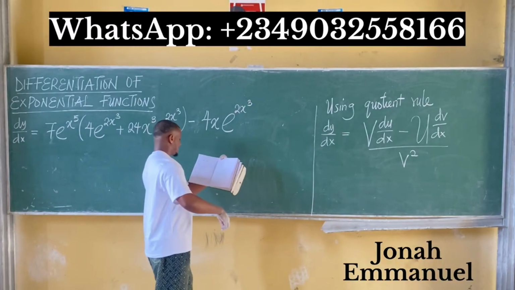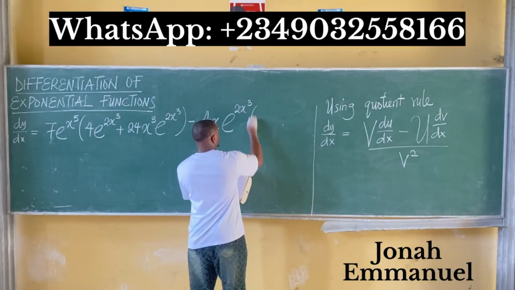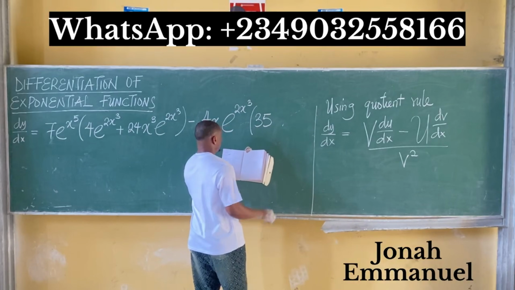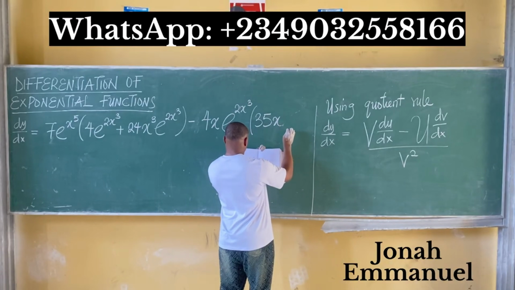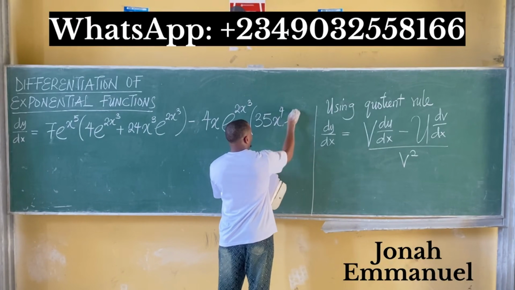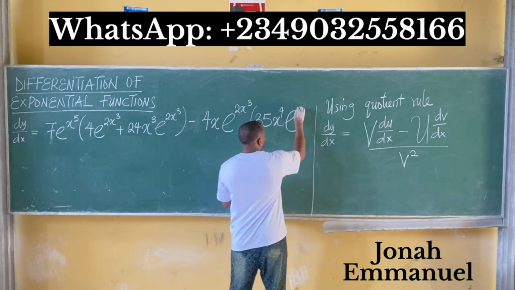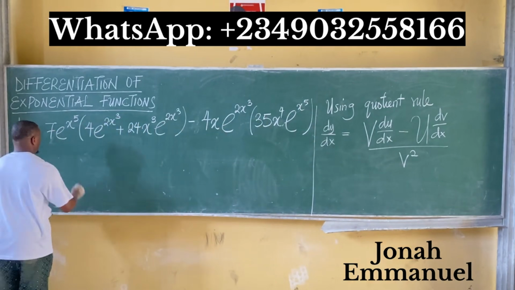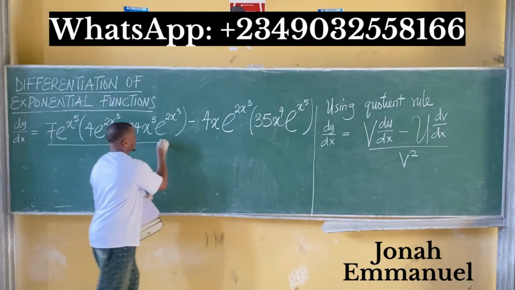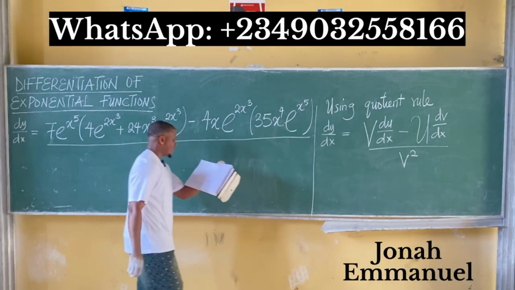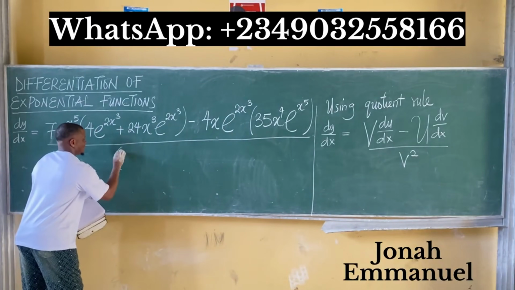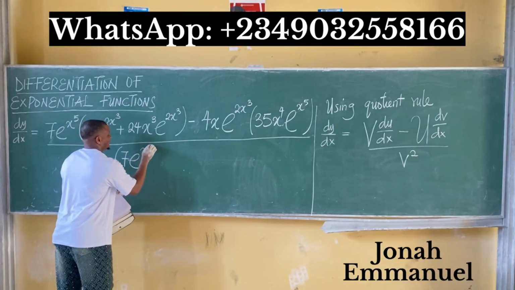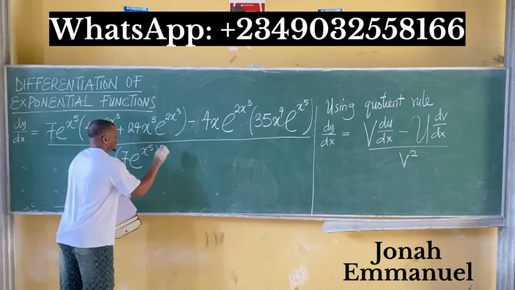Give me the dv dx: 35 x to the power 4 exponential x to the power 5. This all over v squared. V is 7 exponential x to the power 5, all squared.